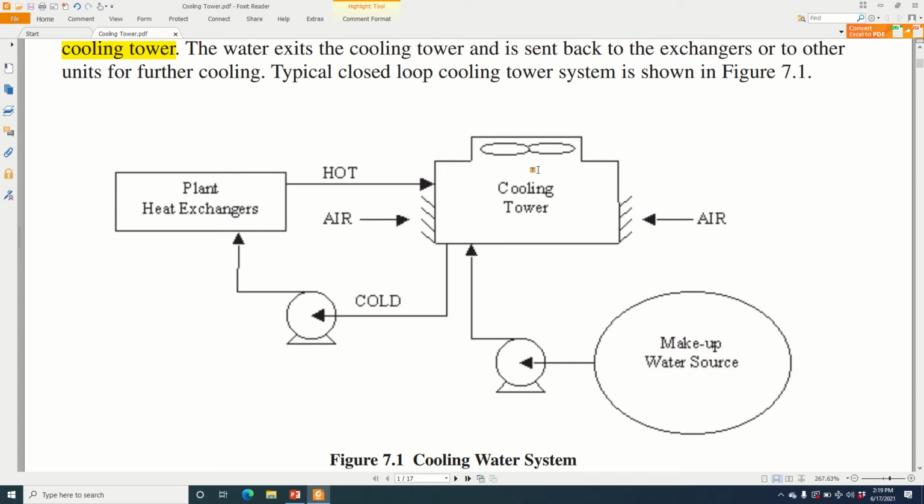Some of the water is lost to the atmosphere in the form of evaporation, and that is made up by a water source through a pump.